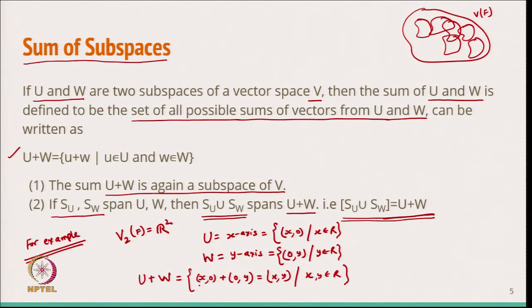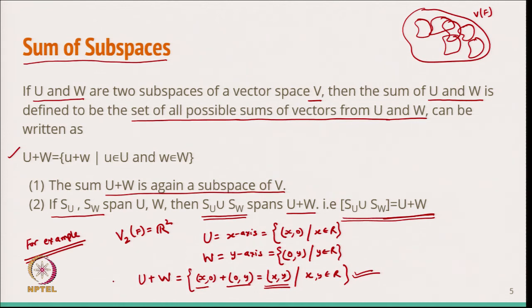In this case I am taking the linear combination, this plus this, and I am getting this value. Now, our claim is that this is also a subspace of V, because a vector space is also a subspace of itself. So, no problem.